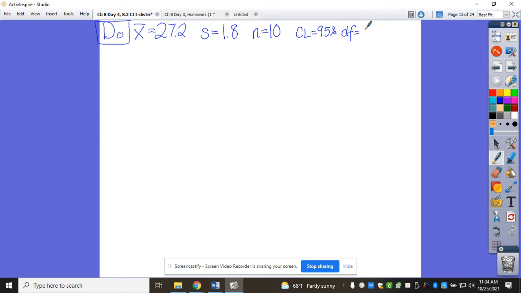And I always go ahead and write degrees of freedom also with that so that I don't accidentally use 10. And then what's the thing I'm going to find to put right here? So on my T paper, I'm going to 95% on the bottom. I'm going to degrees of freedom of 9 on the left side. And I get what?